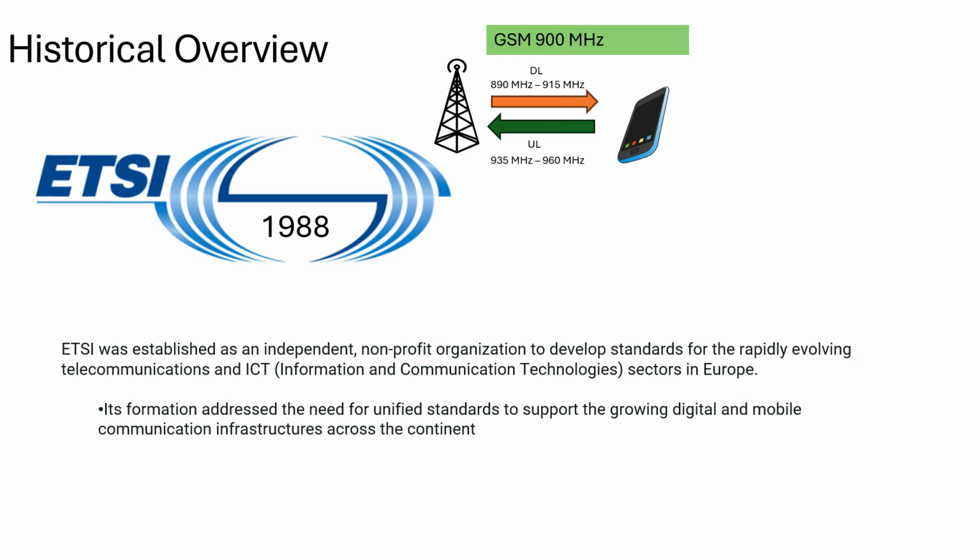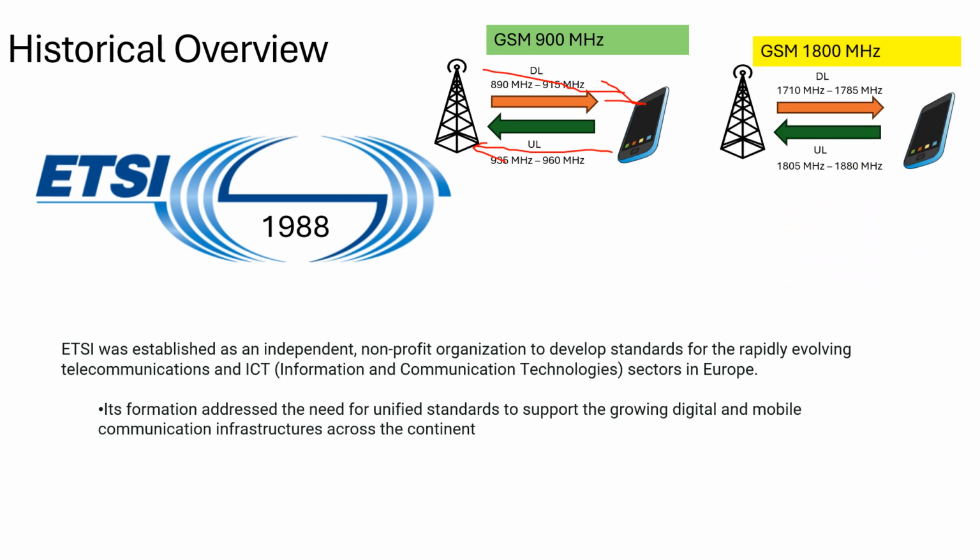GSM 900 MHz, downlink, 890 MHz to 915 MHz, the frequency range used for communication from the cell tower to the mobile device. Uplink, 935 MHz to 960 MHz, the frequency range used for communication from the mobile device to the cell tower.